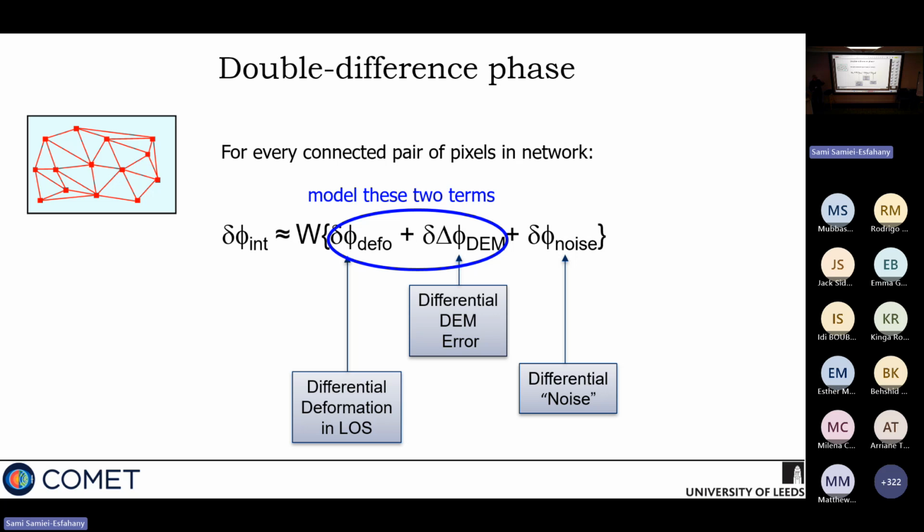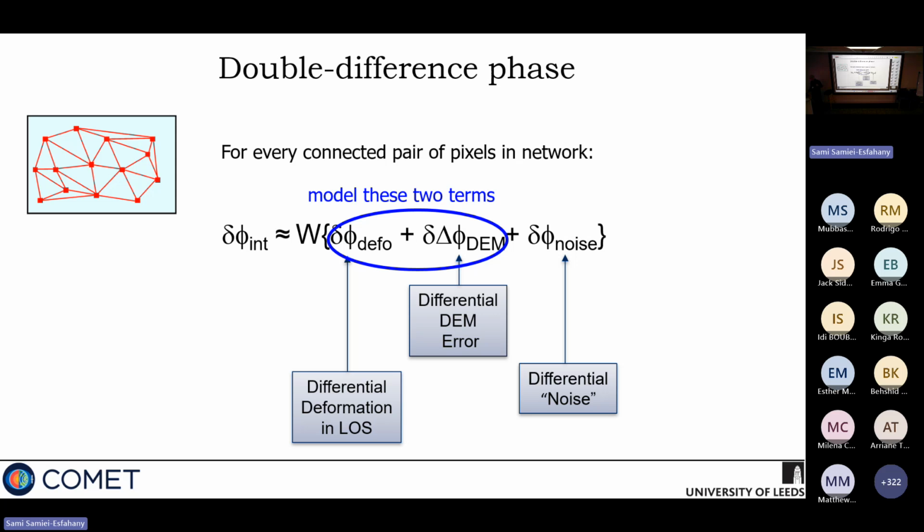Just to make sure we're on track, we're talking about double difference phase here. We've already differenced our interferograms in time, and now we're differencing in space as well. So we're talking about the arcs: if these are individual PS candidates, then we're looking at the differences between these pixels. It's a double difference in time, a difference in space, and the reason we did that was basically to get rid of atmosphere.